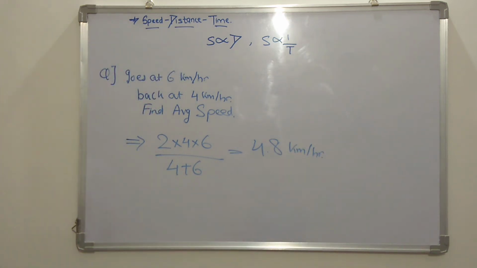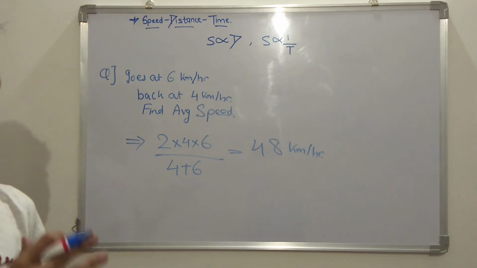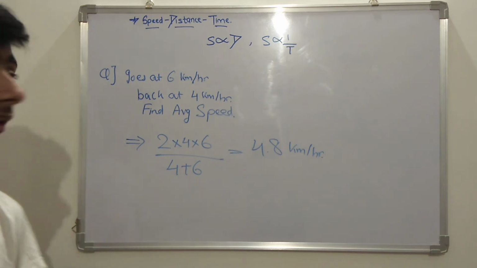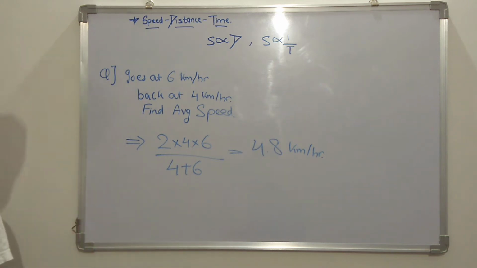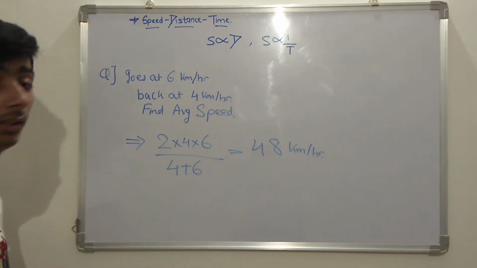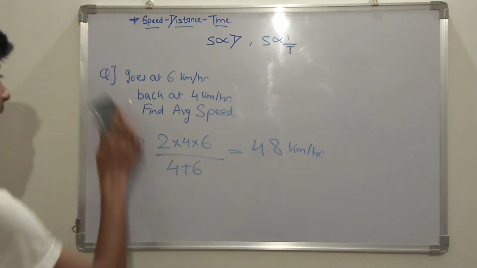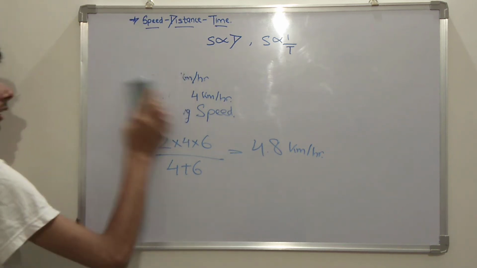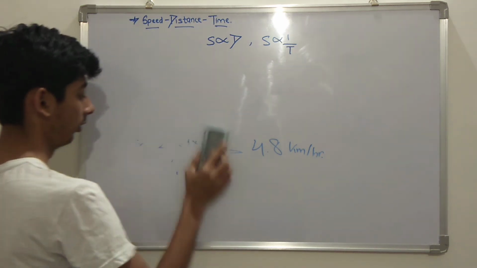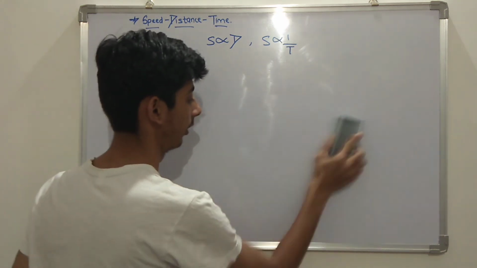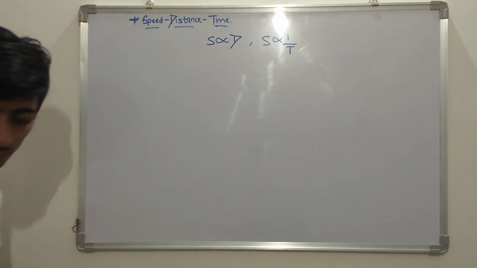This is the average speed. If you just take 4 and 6 and divide by 2, then the average speed will be 5, which is wrong. So you must know that the average speed is calculated with the formula 2xy upon x plus y, where it is a harmonic mean and not the arithmetic mean.